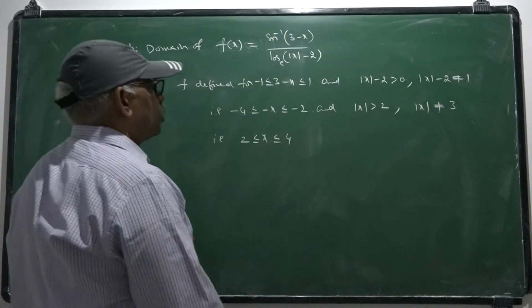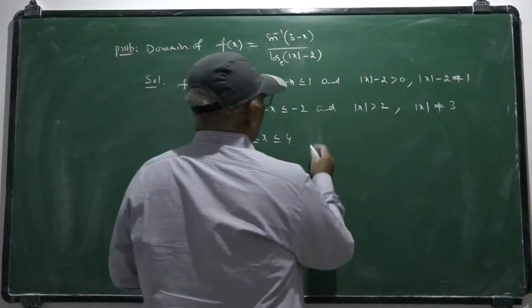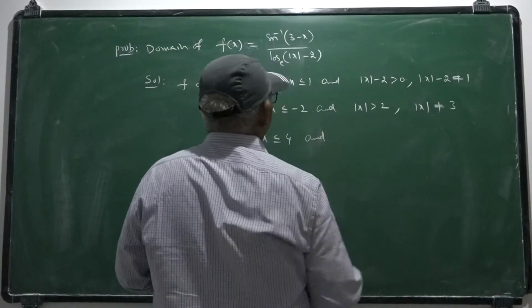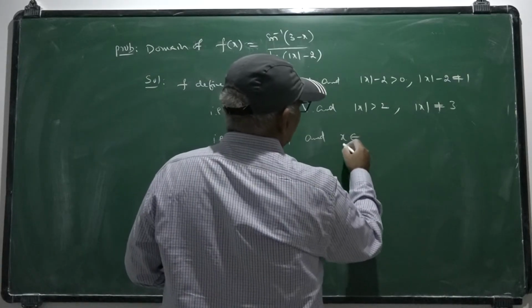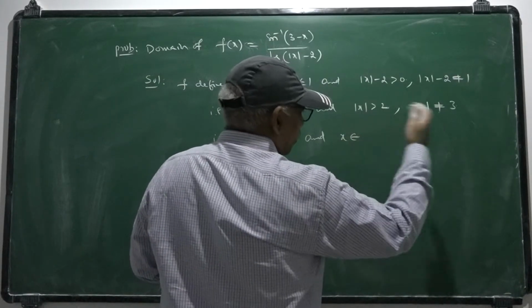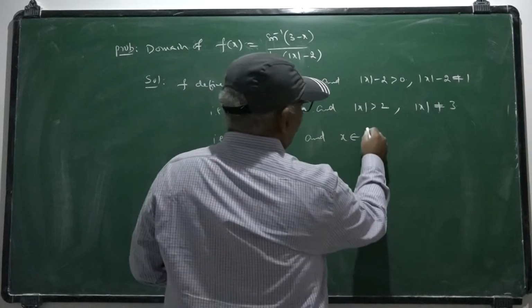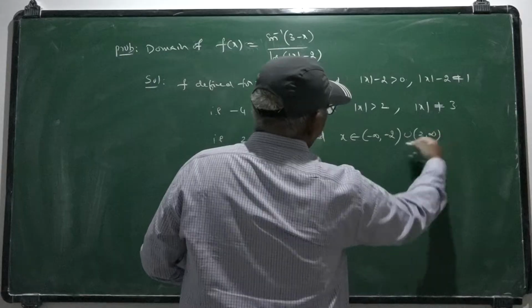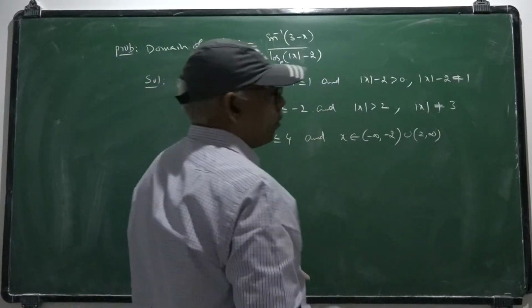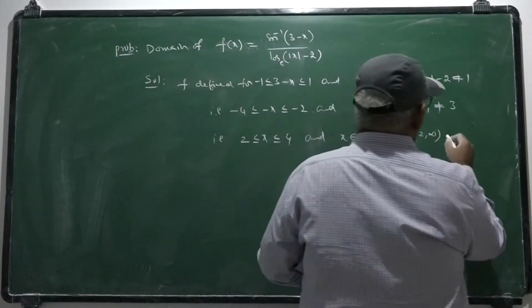Moreover, mod x greater than 2 means x belongs to minus infinity to -2 open interval and 2 to infinity, so x does not lie between -2 and 2.